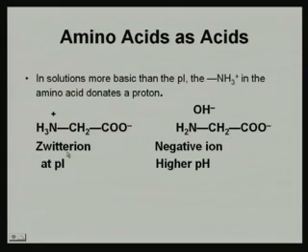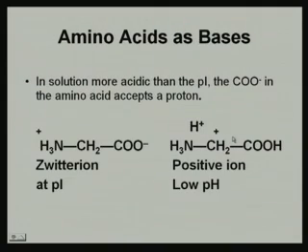So, this is the zwitterion at the neutral pH, the pI, and here under the basic condition where hydroxyl groups are there, at higher pH, it can donate a proton, making this structure NH2, CH2 and COO minus.